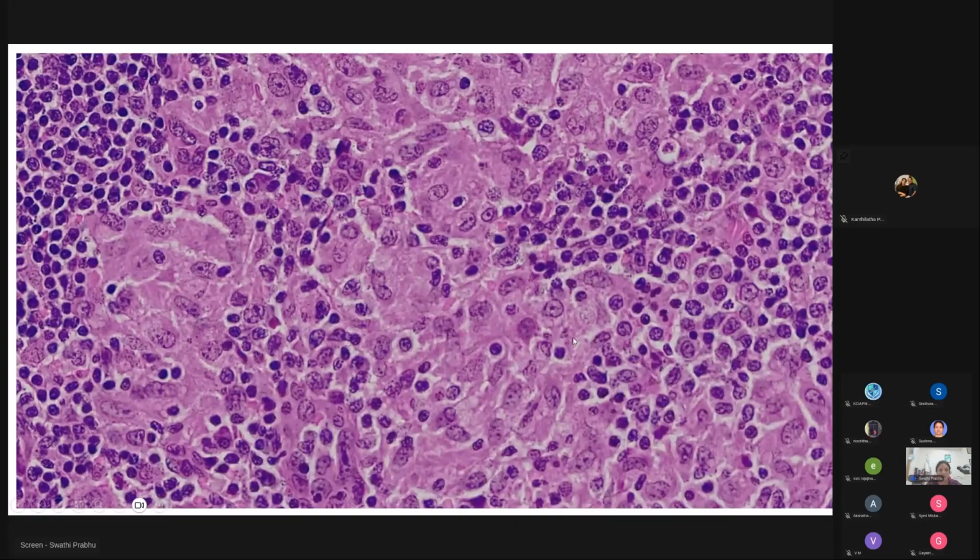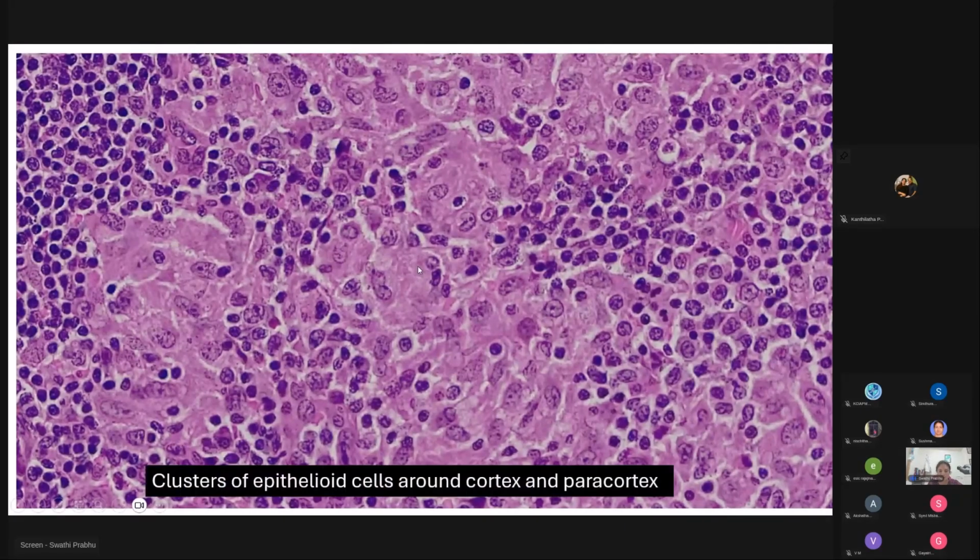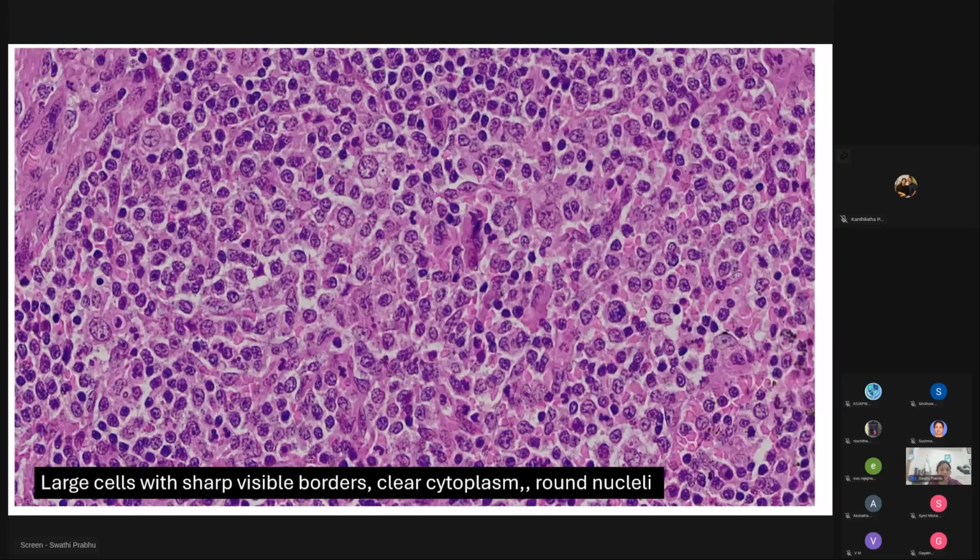In a sinus, we are supposed to see some vasculature, lymphatics, blood vessels, some RBCs, so that we call it a sinus. But this was right within the parenchyma, the paracortical areas, where there were clusters of cells with a little indented, elongated nucleus and eosinophilic cytoplasm. So these were microgranulomas present in the cortex and paracortex region. Apart from that, there was a sheet of monocytoid-looking cells with clear cytoplasm, a slightly big nucleus, enlarged cells, and a characteristic clear cytoplasm.